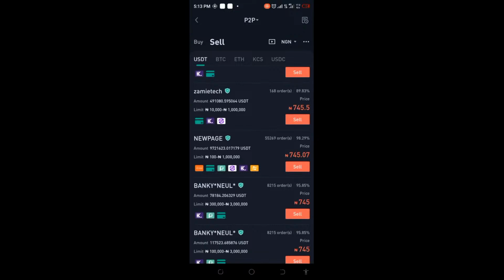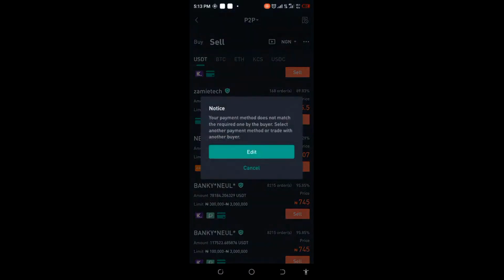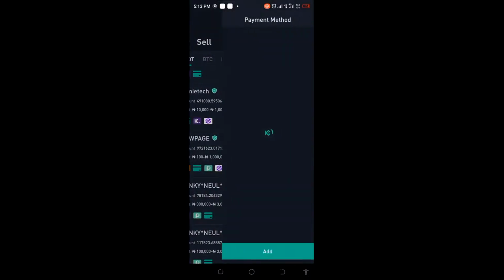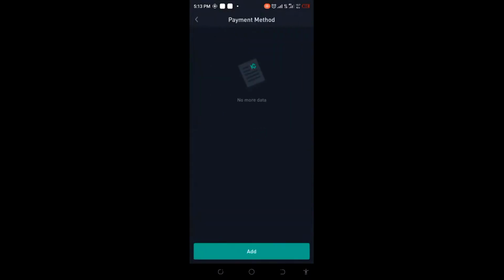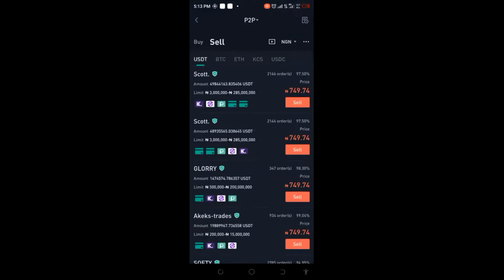Let's just check on this one and see whether there's a potential. It said your payment method does not match the required one by the buyer. Okay, so we have to set up all of this, okay? So we can actually edit and try and put in all the details. But I'm not going to go through all of this. I'm just showing you that we can actually withdraw our money even from P2P, right?